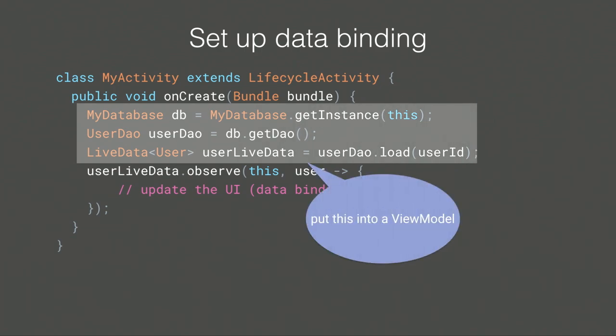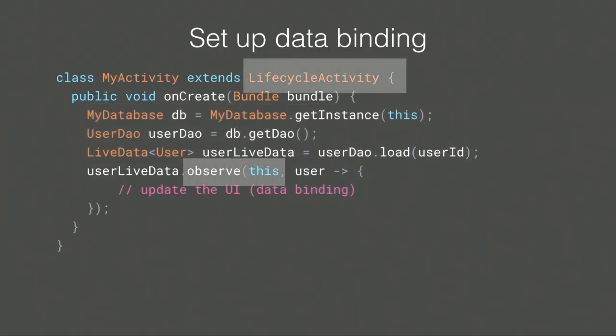Now, a word of caution, because we don't want to put too many lines of code on one slide: you usually don't want to expose database details or details about loading this information from your web service or caching it locally directly to the activity or the fragment. So this code is highly recommended to be put in a ViewModel.